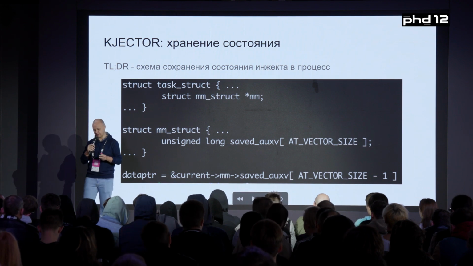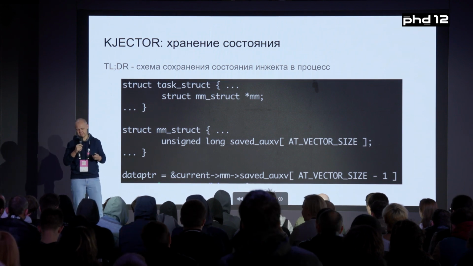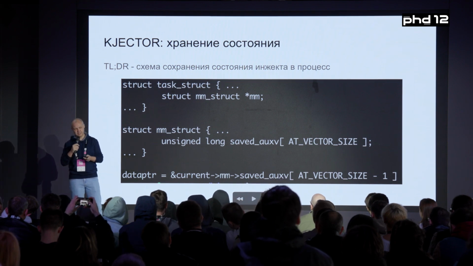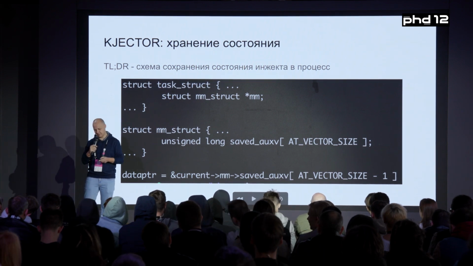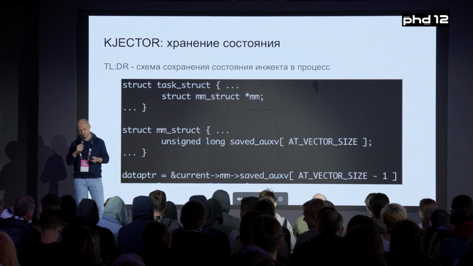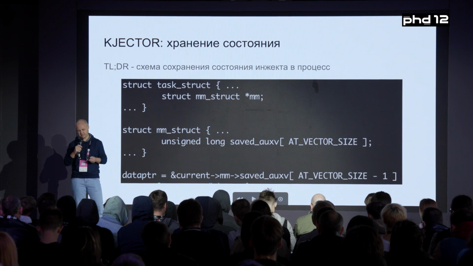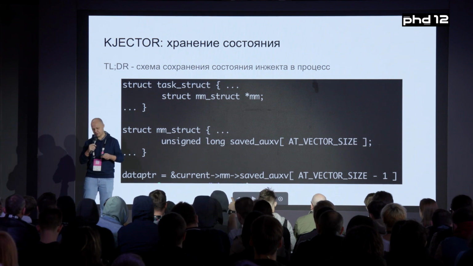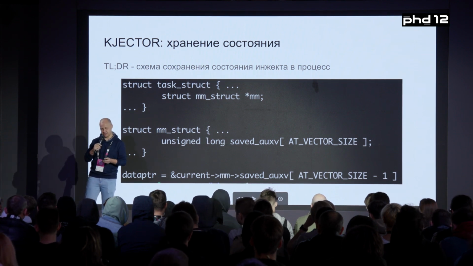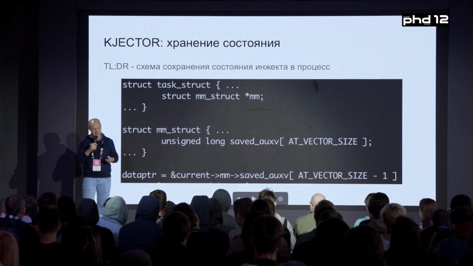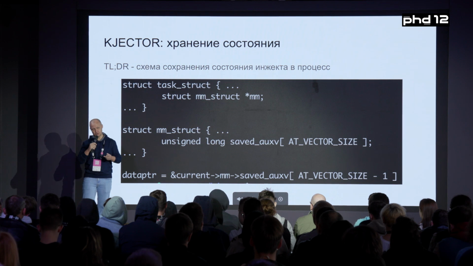Let me explain: every process is described with a task structure, and it contains the mm struct. Inside the mm struct structure, we will find an array of values called saved_auxv. So apparently these are auxiliary vectors.